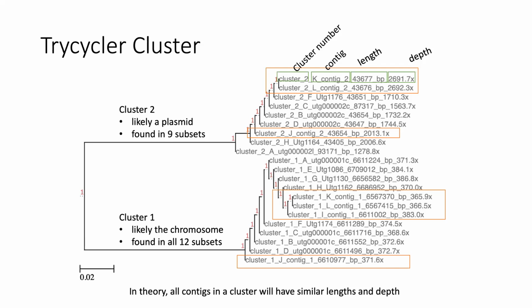The next part of the workflow isn't going to work if the length and depth and number of SNPs aren't similar enough. So lengths like this: the rest of the contigs in this cluster are about 43K base pairs. And then you've got this 87K and this 93K. Those are outliers, and so they're going to mess up the next step.